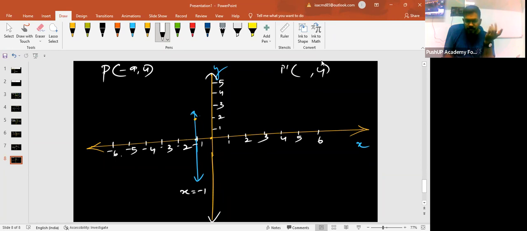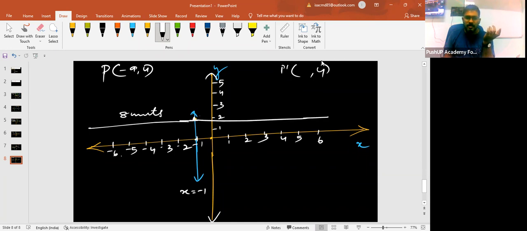From this point, you have to travel 8 units towards the right hand side, isn't it? So from minus 1, if you travel 8 more units, 1, 2, 3, 4, 5, 6, 7, 8. Where do you reach? You reach 7. So the answer is 7 comma 4.